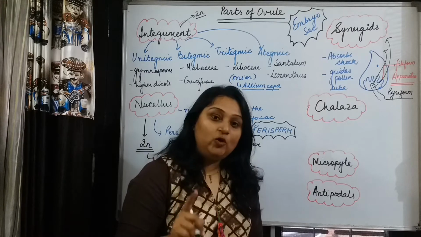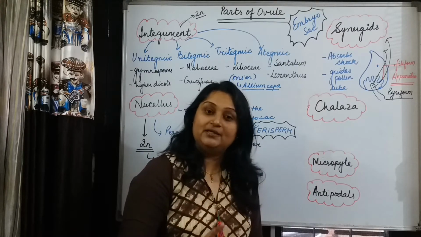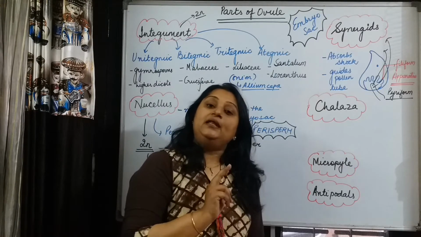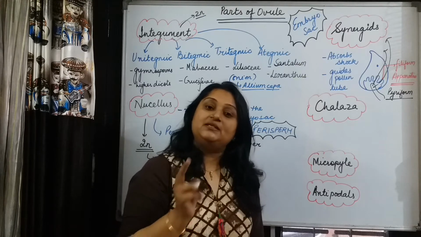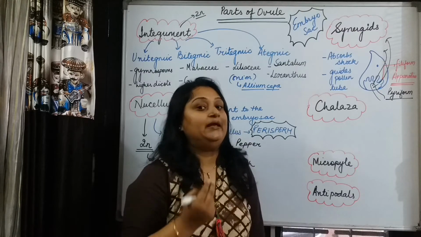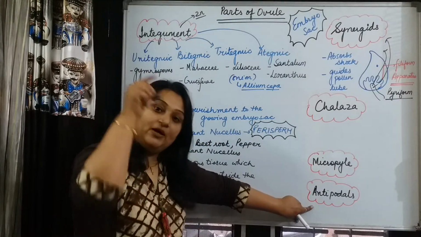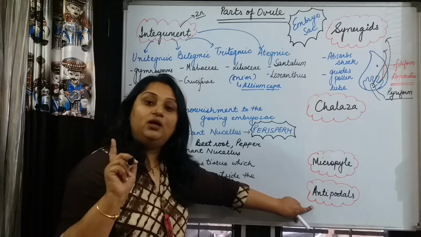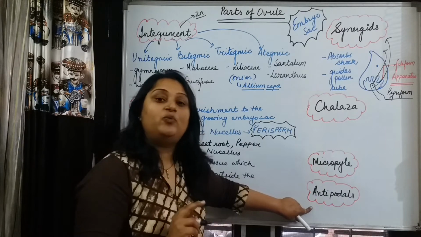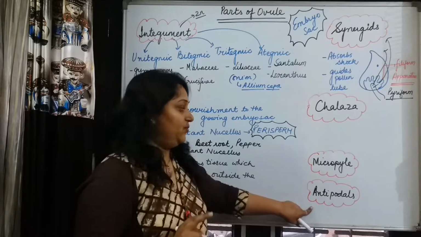When the pollen tube enters through one of the synergids with the help of a filiform apparatus and it bursts, the fertilization occurs. In the rest case, what happens? The second synergid from which the entry has not taken place will degenerate. In the same way, the antipodals which are present above the embryo sac, they also degenerate. They are just there to provide nourishment and in the later stages, they degenerate.